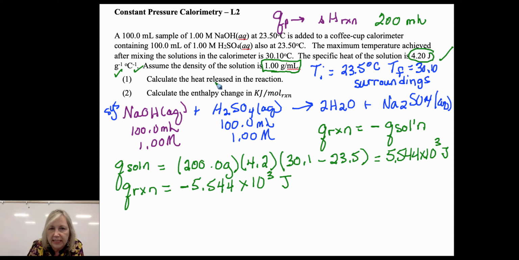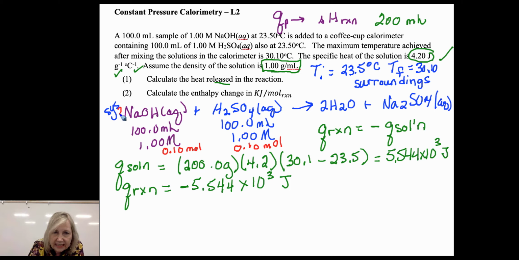Calculate the heat released in the reaction. That's implied in the words, but I always like to provide the signs. Now it says calculate the enthalpy change in kilojoules per mole of reaction. Well, that means that I have to determine my limiting reagent. So if I've got 100 milliliters of a 1 molar solution, I have 0.10 moles of NaOH. And I also have 0.10 moles of H2SO4.